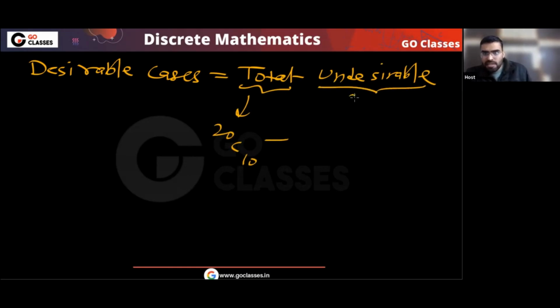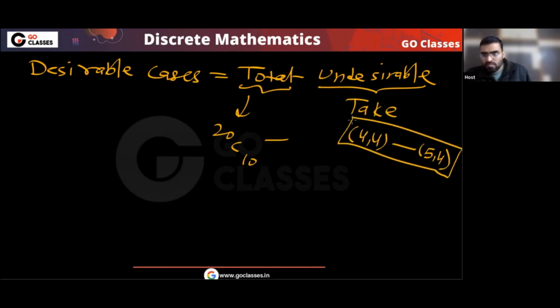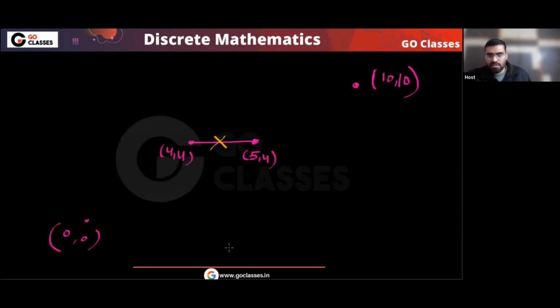Undesirable means you take this (4, 4) to (5, 4) line. If you are taking this line, it simply means that you are going through (4, 4).